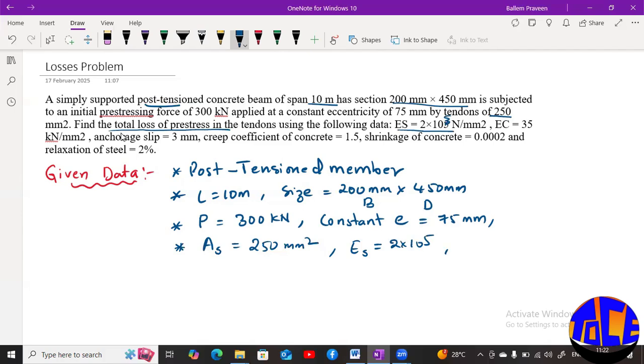And E_c, Young's modulus of concrete, is 35 kilonewton per mm square.